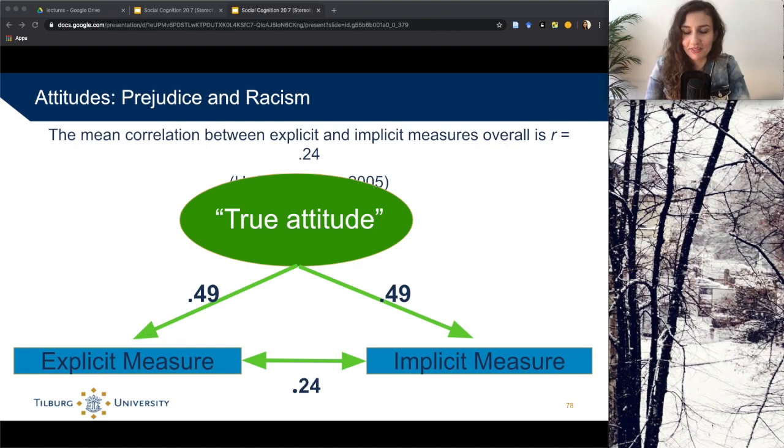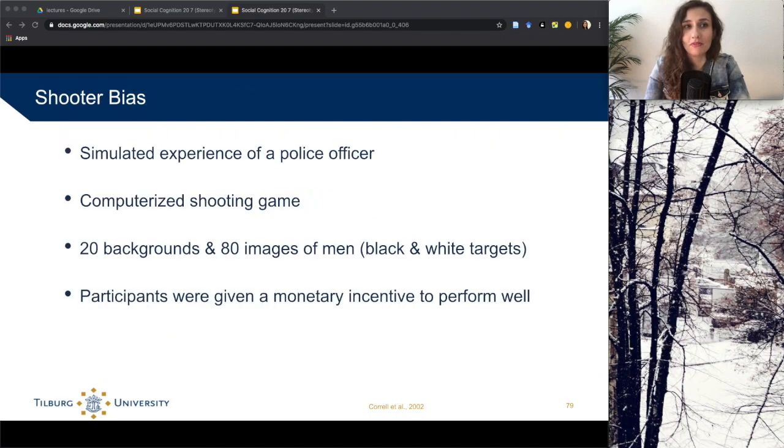There's one last attempt that I want to show you, which is closer to measuring people's behavior. Instead of asking them to only categorize items, here participants play almost a type of video game. The idea of studying shooter bias is to circumvent some of the problems of explicit and implicit attitude measures, and instead go with a behavioral version.